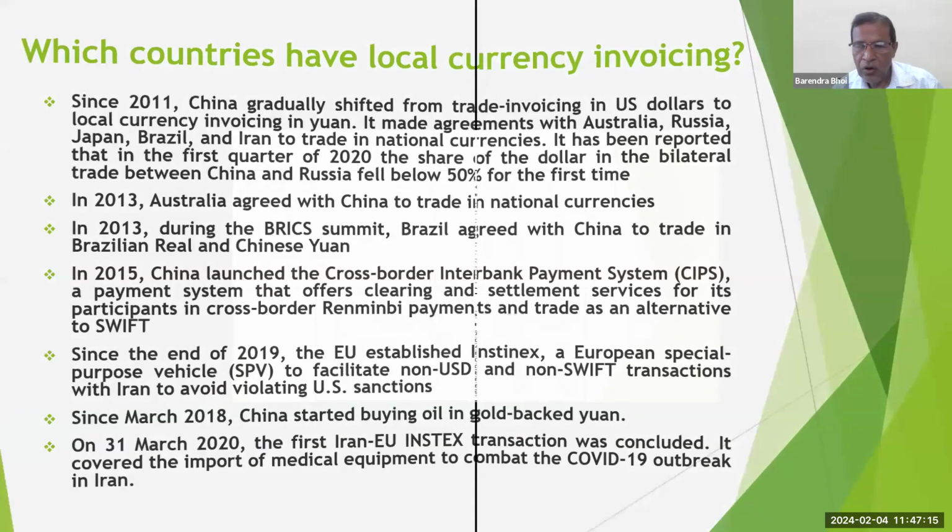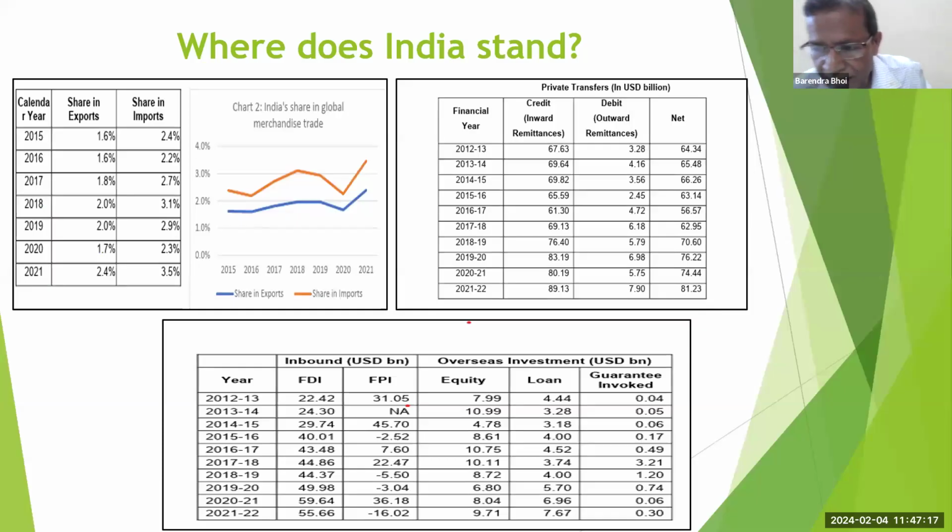Now coming to where do we stand, that is very much necessary. India is definitely the fifth largest economy. In terms of PPP, it is the third largest. If you see its share in world export and world import, it is not very high. Sorry, 2.5%. So we are not a big player in the global export market.